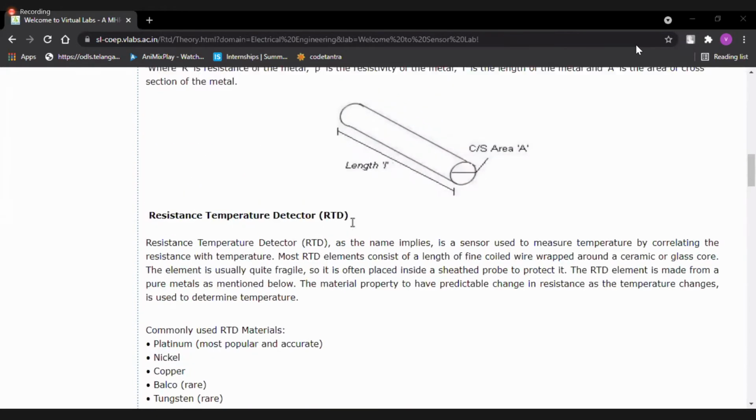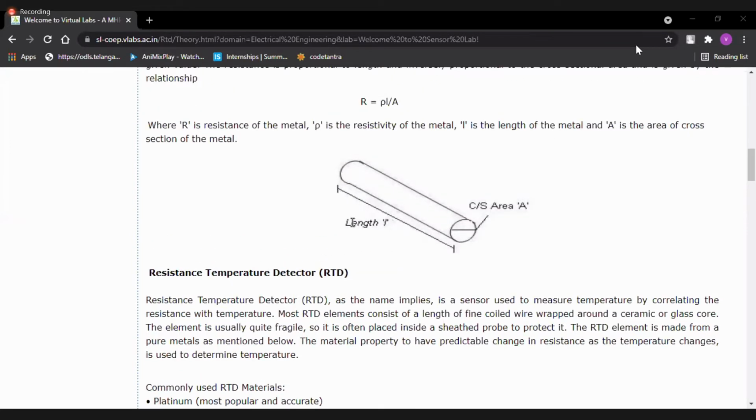Right. What is the formula for R? Rho L by A, sir. Resistivity. Resistivity rho L by A. What is rho? Rho is the resistivity of the metal. L is? Length of the metal. A is? Area of cross section.